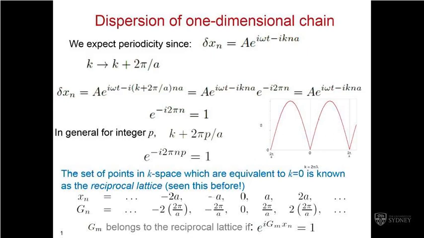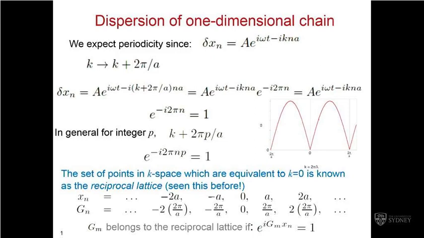So if we substitute k being equal to 2πn/a, which we know is our reciprocal lattice vector, and you follow that working through, you find you get this term here, which just goes to 1. So you basically end up with exactly the same expression, namely this form of the wave, which is what we started with. So this is the periodicity. We've seen this before from our electronic bands.